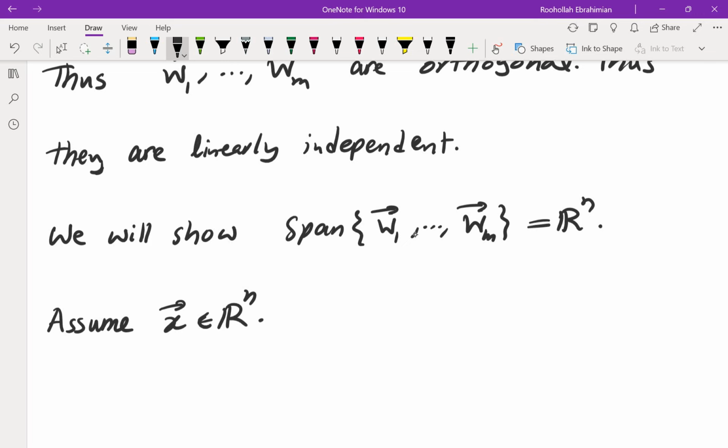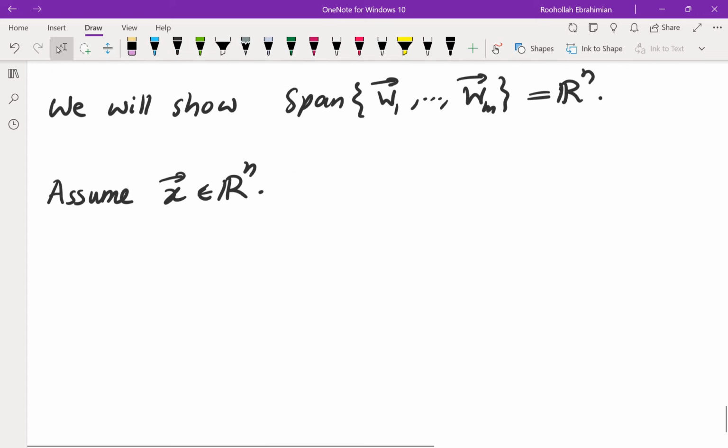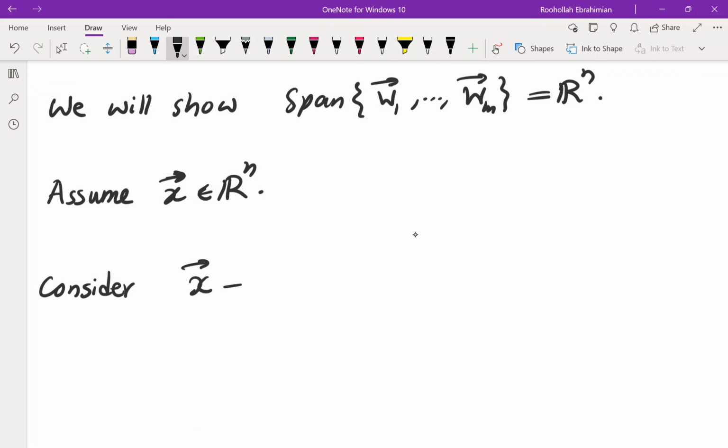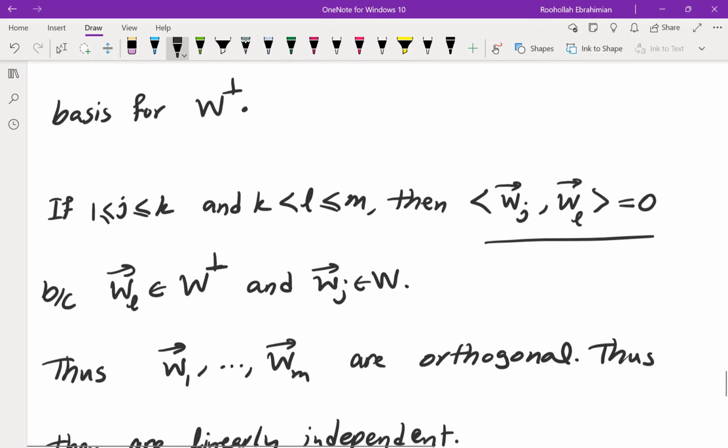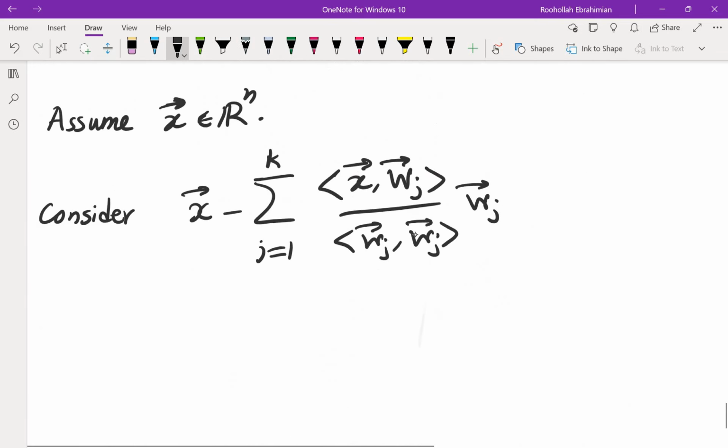So we're going to look at the value of X minus the projection onto W1 through WM. I'm going to use basically the idea of Gram-Schmidt. Consider X minus the sum of the projections of X onto Wj, j goes from 1 to k.